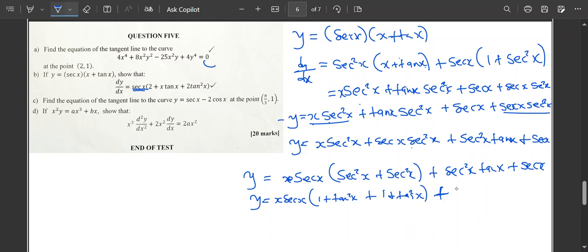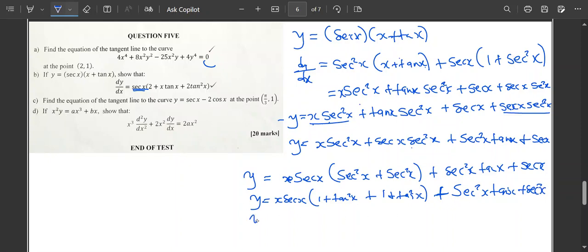So the goal is this one. Here I want to disturb the pattern the way it is. So what we need to do now is, I'll say sec squared x, then tan x plus sec x.